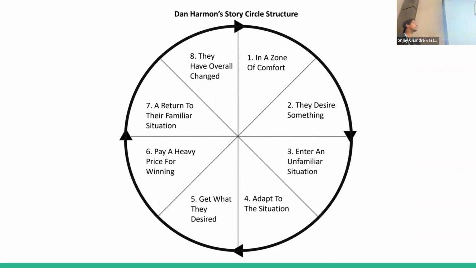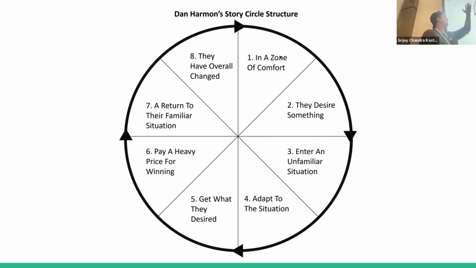He articulated what we talk about writing into his story circle, and this is how you can easily write a story. If you ever have to tell a story, this is what you can use. You start with the zone of comfort. The hero is generally just vibing, just chilling. They want something, and so they enter an unfamiliar situation.